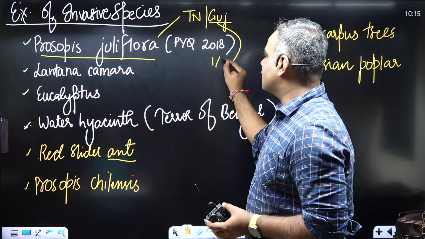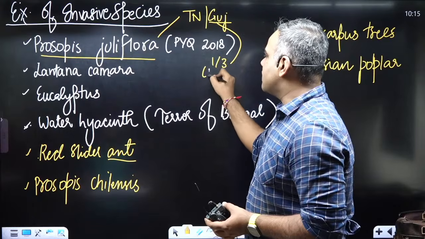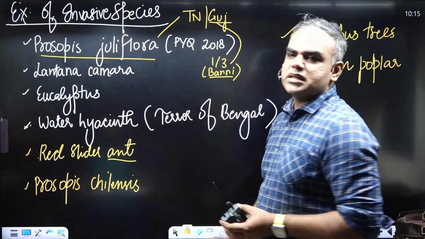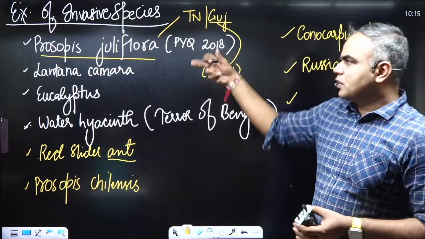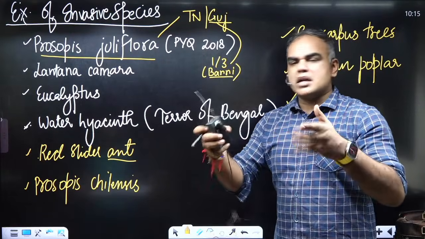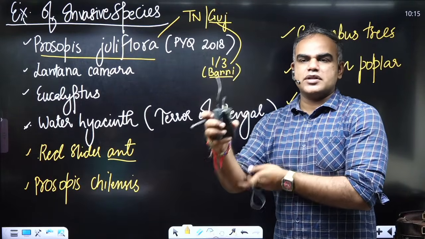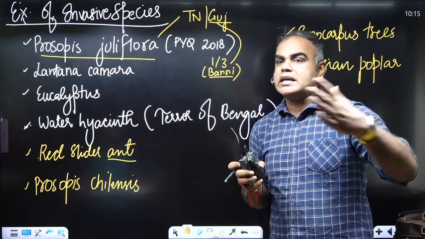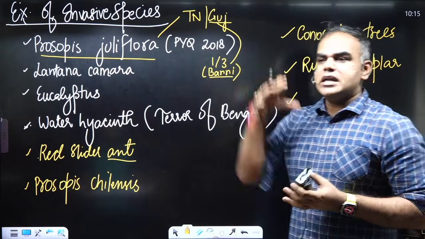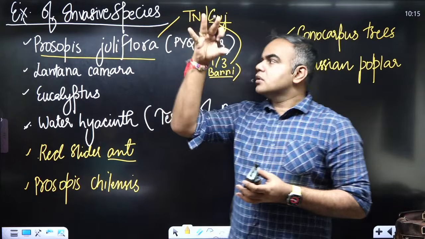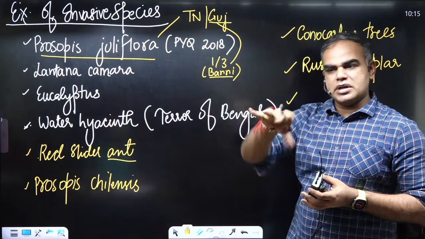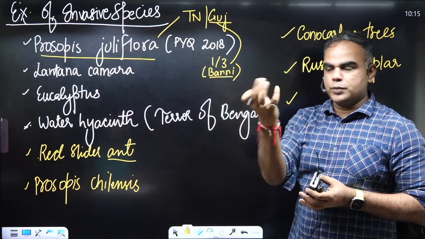So I'm writing just one-third here. And I'm writing Banni, BANNI grasslands. Now why was this there? The Banni grasslands, in the area of Rann of Kutch, etc., have a lot of salt water ingress. A lot of salt water comes in. So, aerially through helicopters, what was done? Prosopis juliflora was sprinkled. Coincidentally, Prosopis juliflora grew.